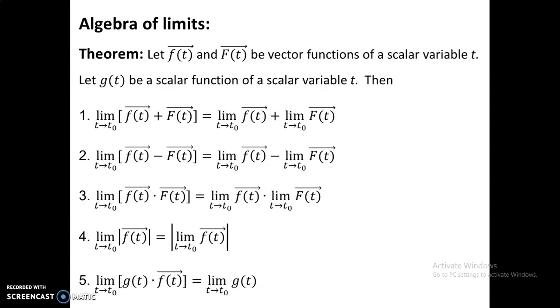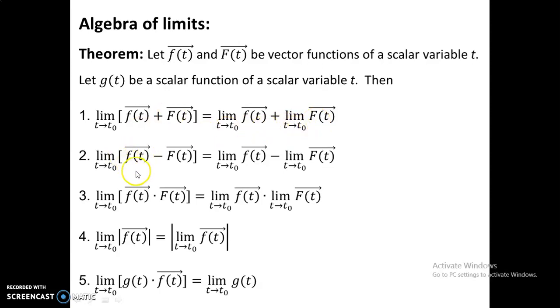Suppose we have vector functions f of t and capital F of t of a scalar variable t, and let g be a scalar function of the scalar variable t. Then the limit of f of t plus capital F of t as t tends to t naught is the limit of f of t as t tends to t naught plus the limit of capital F of t as t tends to t naught.